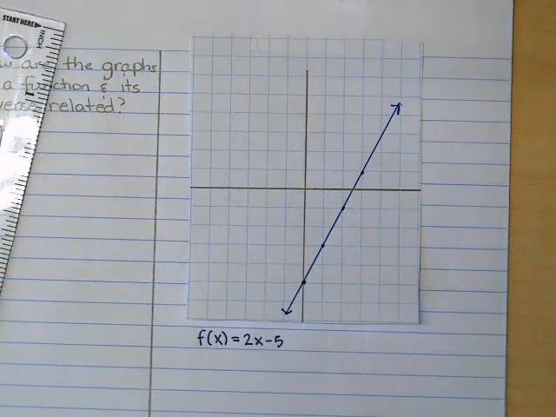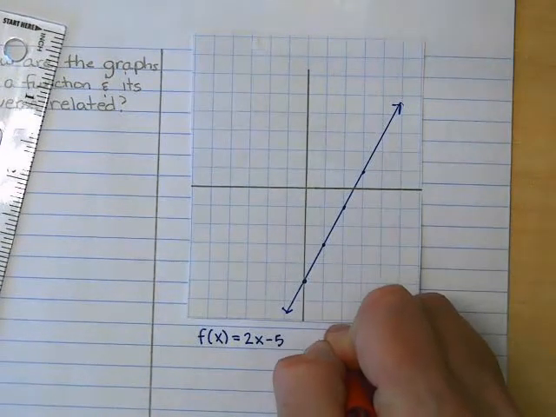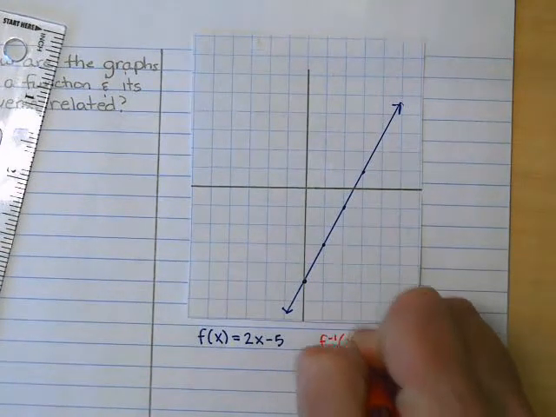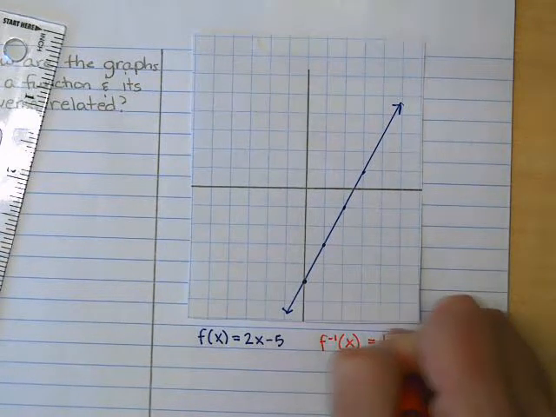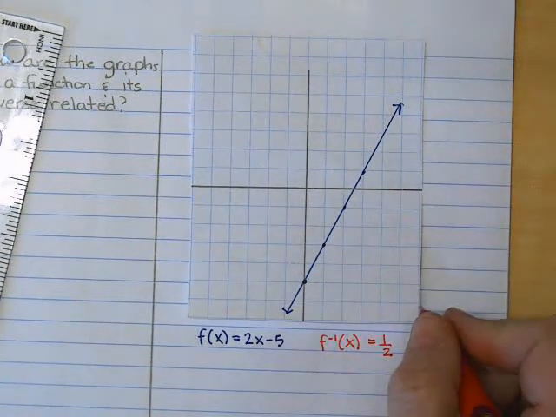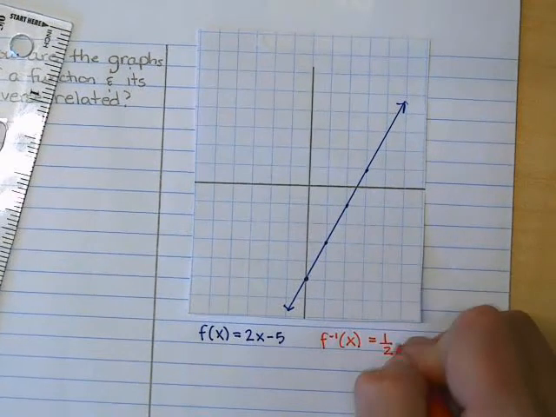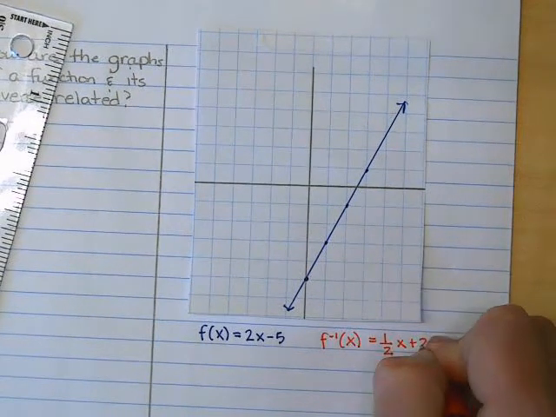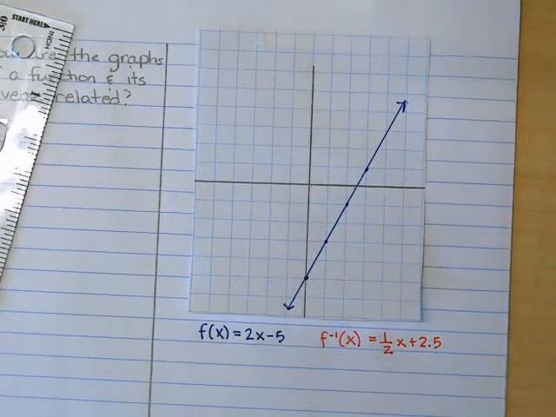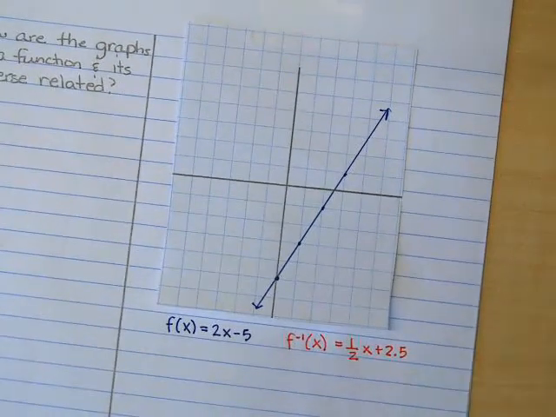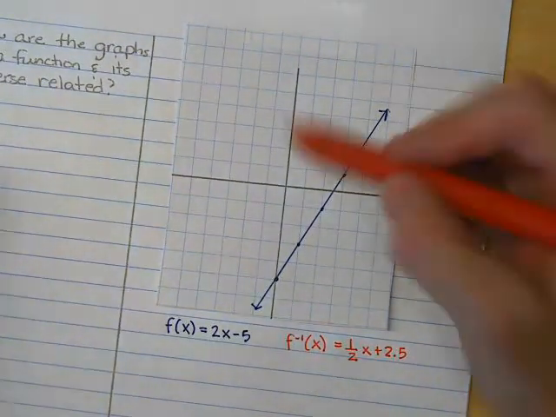And then we said that its inverse function, f -1 of x, was 1/2 x plus 2.5. Okay, and you'll see that's why I changed that to 2.5, was just for graphing purposes.